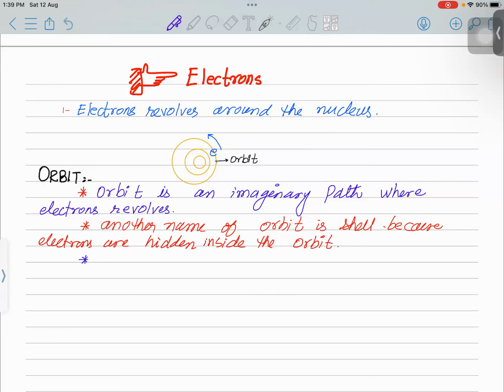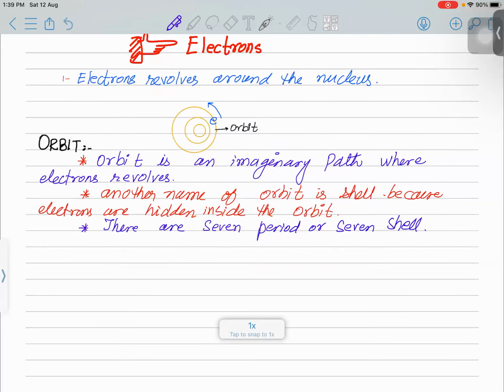So the next point: there are 7 periods or 7 shells. Look at the 7 shells.